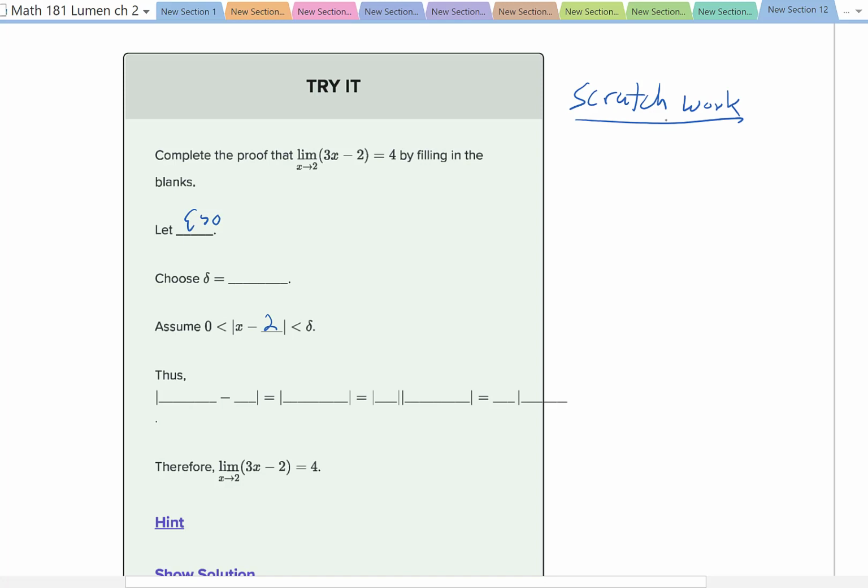And we have the absolute value of f of x minus L is going to be the absolute value of 3x minus 2 minus 4. So that's going to be the absolute value of 3x minus 6, which is 3 times the absolute value of x minus 2.